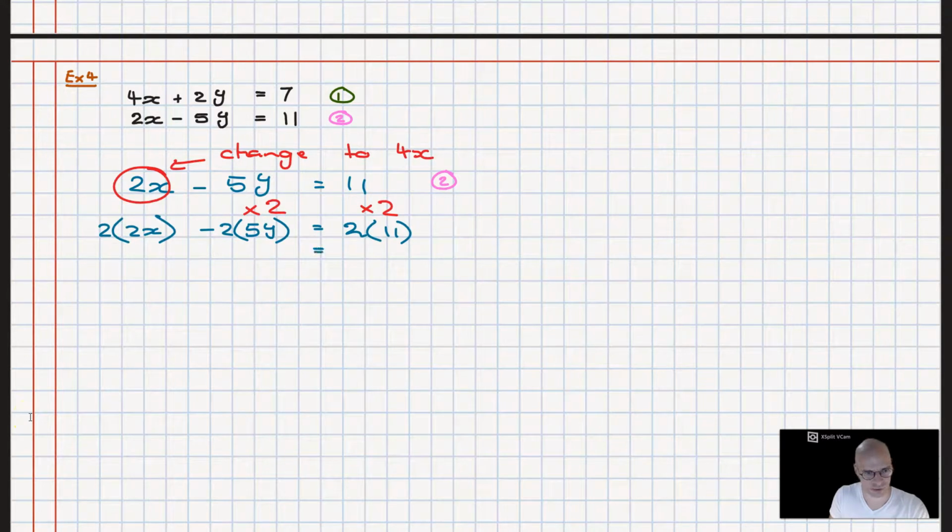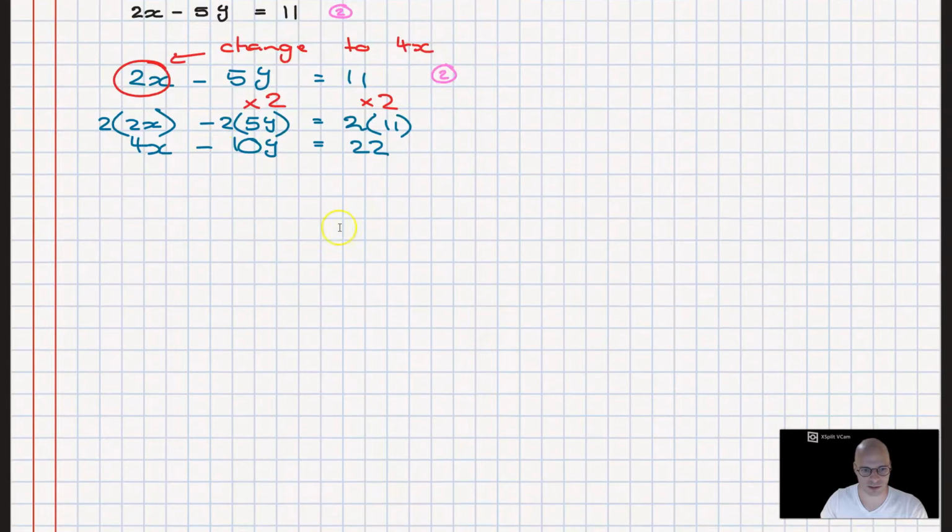Like so. Then this is going to give 4x minus 10y equals 22. So I didn't change the values of the equation. I've simply changed the form in which it's presented, so I haven't broken or changed anything here, only its form.